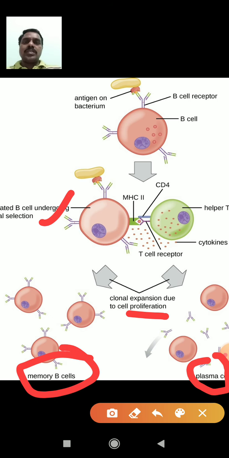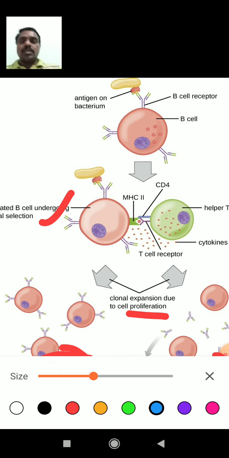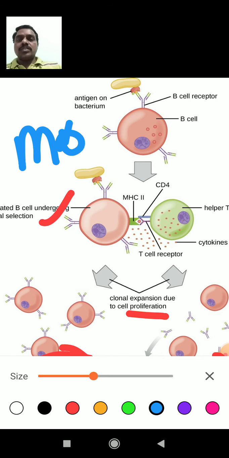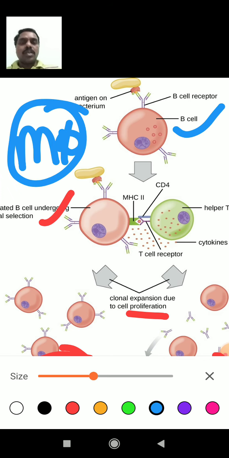B cells are also activated by other cells, not only on their own and not only by macrophages, but also by T helper cells.